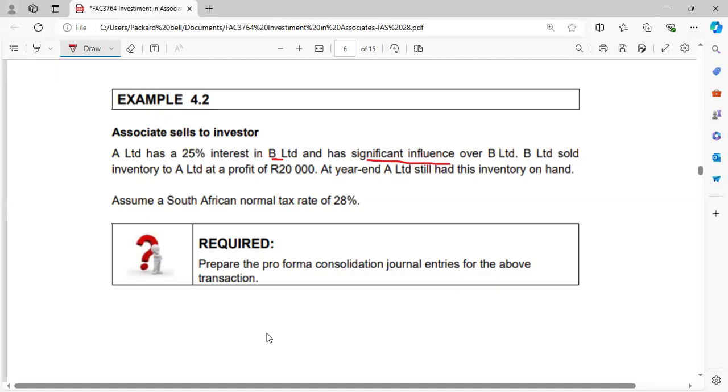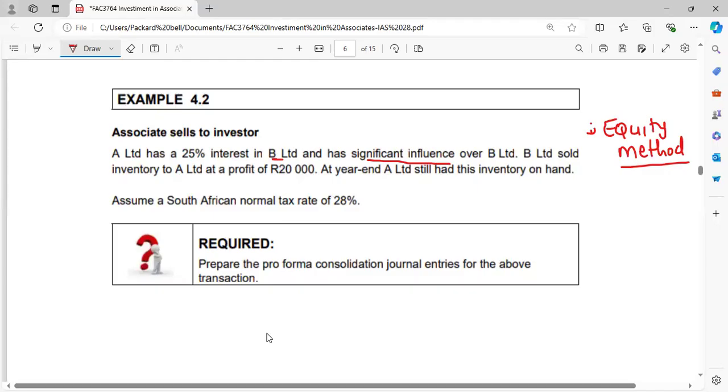What is important for you, especially at this stage, is that once there is significant influence, it means you use the equity method. Remember, we have the equity method and the acquisition method. So based on IAS 28, we are going to have the equity method.